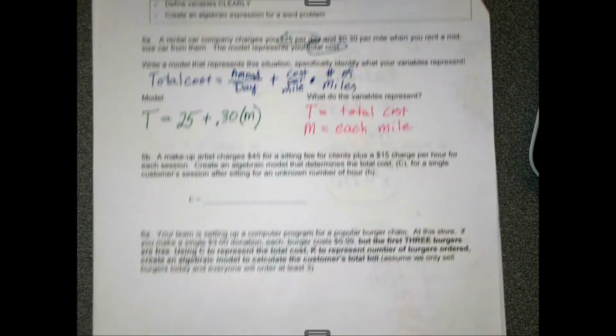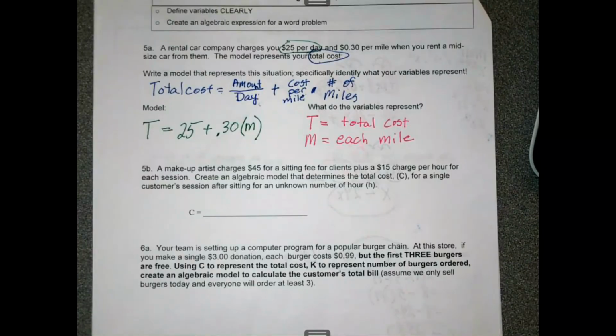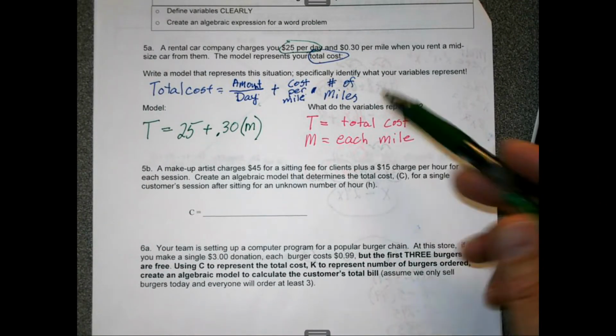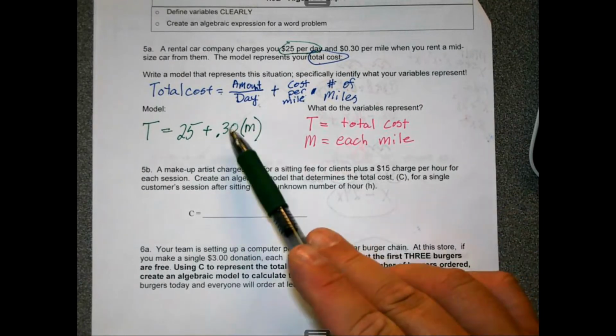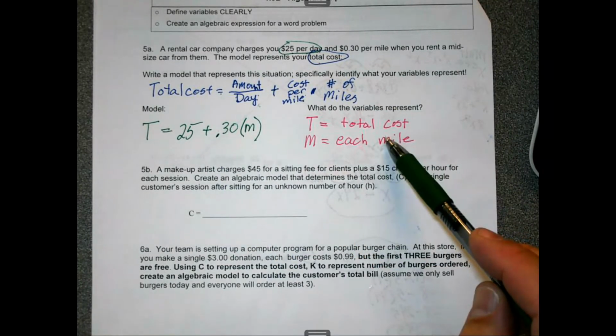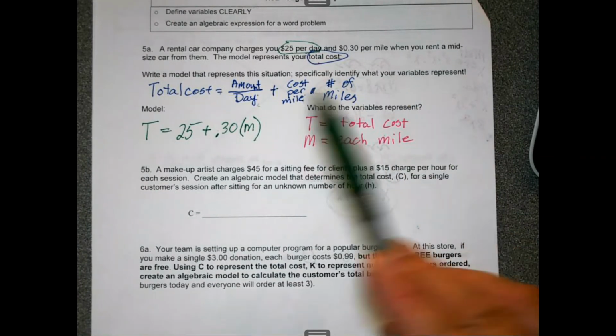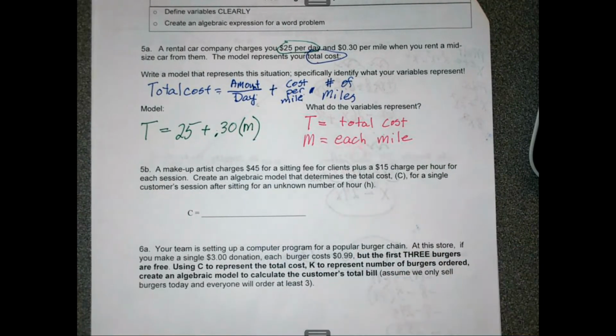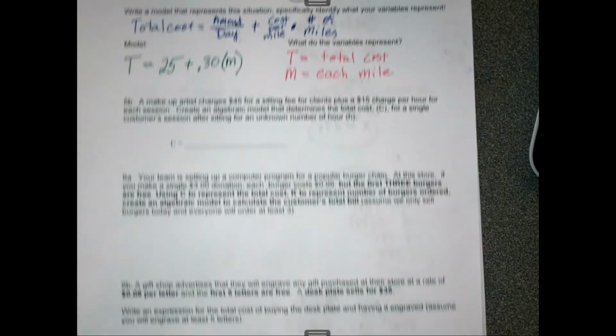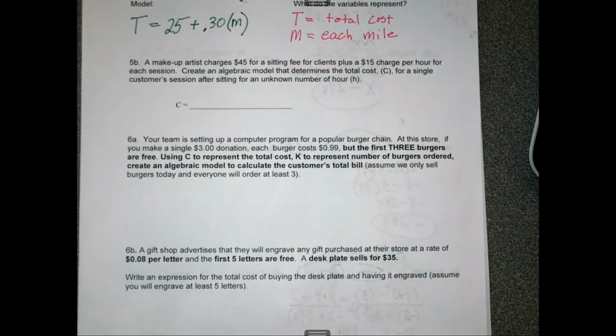Okay. All right, number 6A. Any questions on that? I know you guys can probably skip the verbal model and stuff, but you have to put down the algebraic model and what those variables are. Okay. This you will have to put on the quiz. 6A. Your team is setting up a computer program for a popular burger chain.